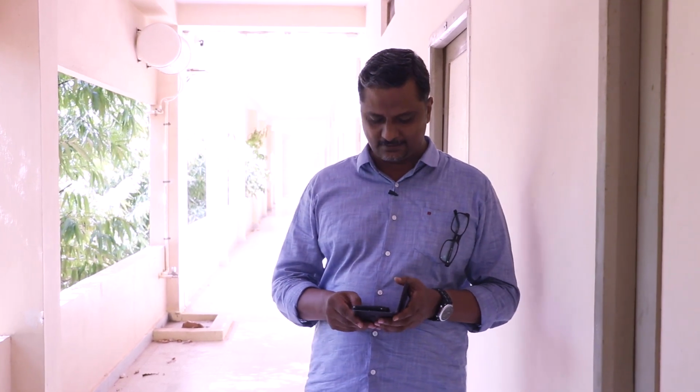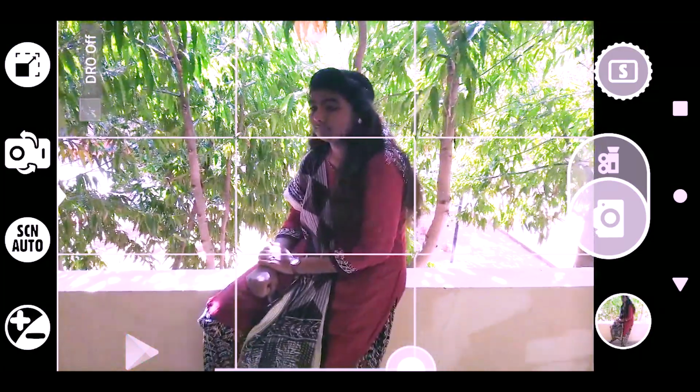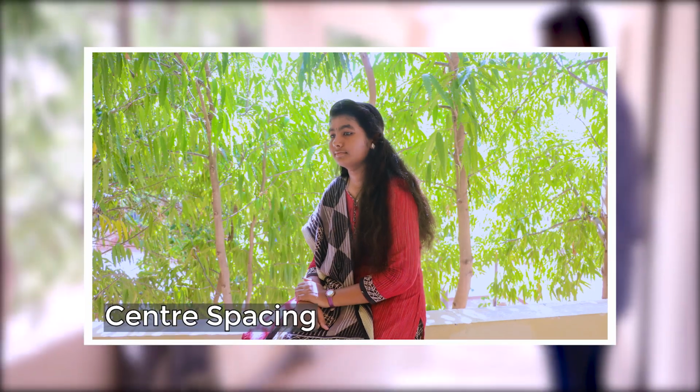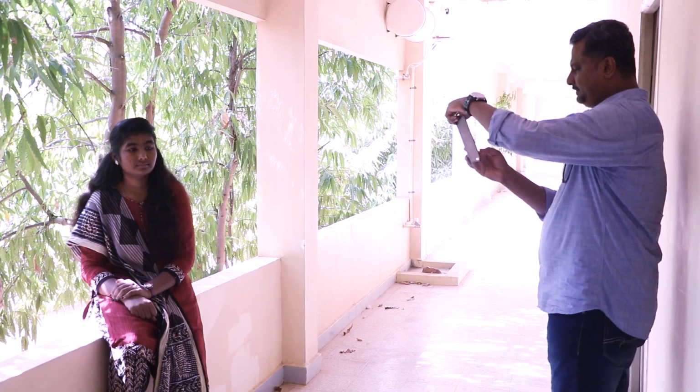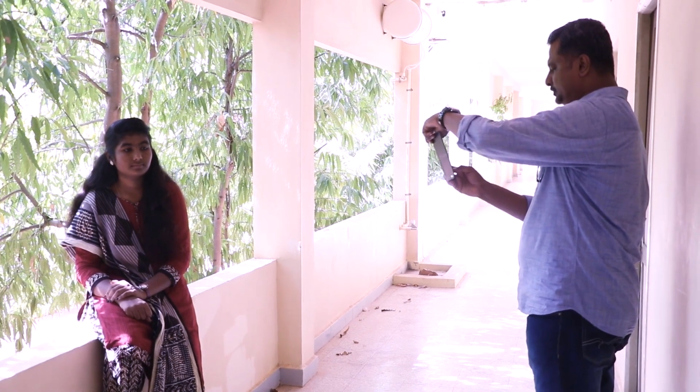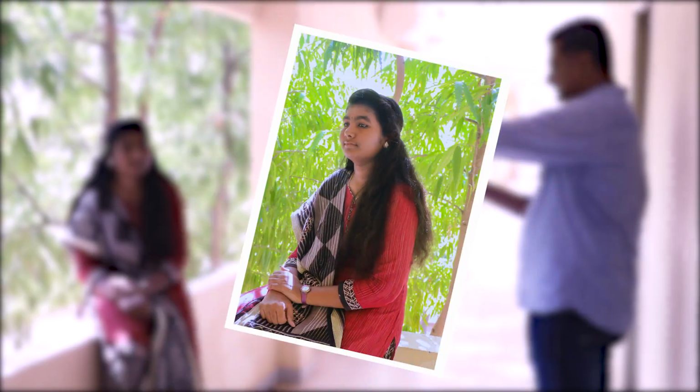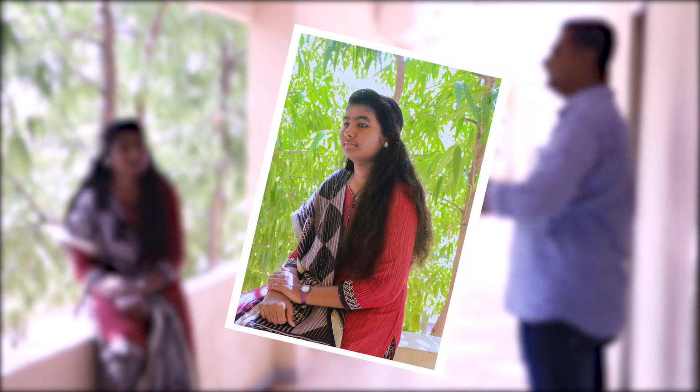We have here Ramya, and we would take a photograph of her by placing her at the center of the horizontal photo. Okay, so she's here, taken. Okay, we're taking a portrait photograph. Yes, this is taking her image, keeping her at the center, placing her at the center and shooting a photo.